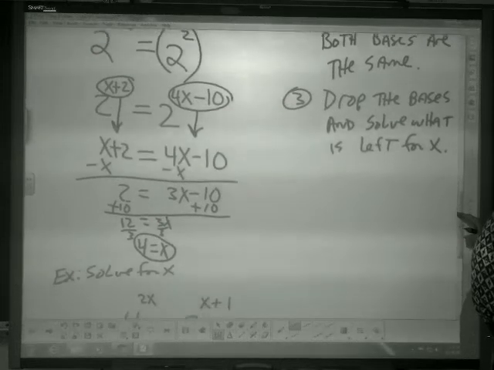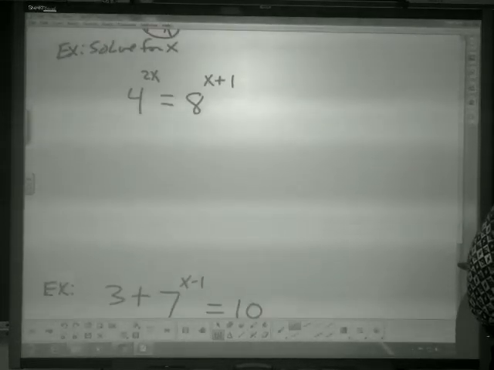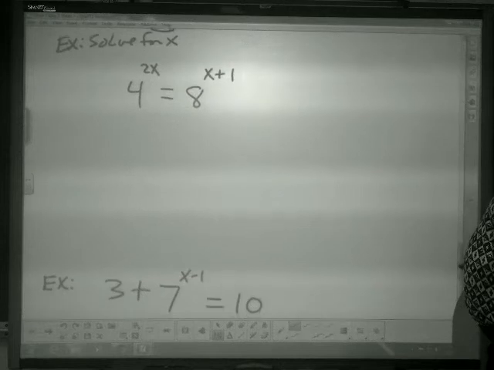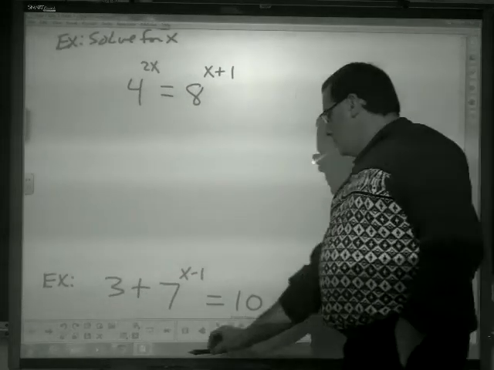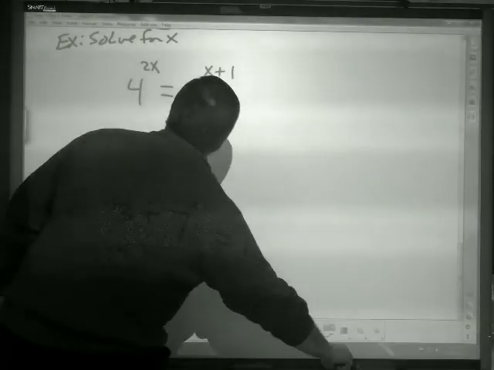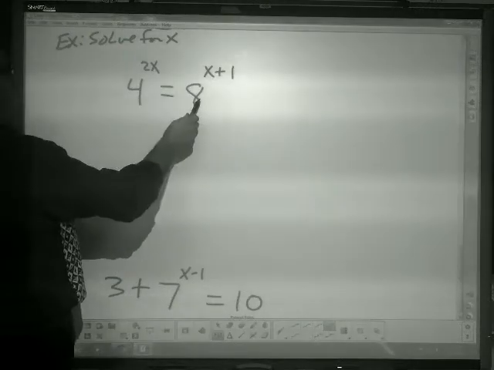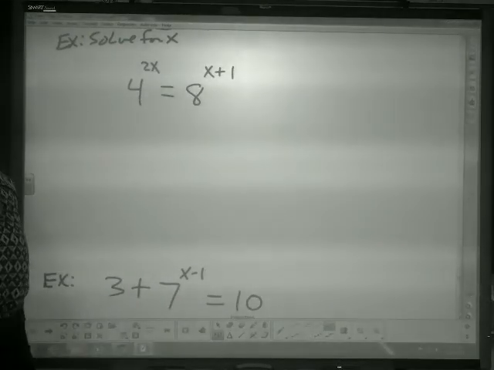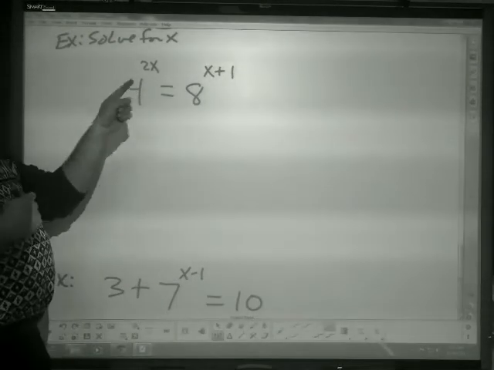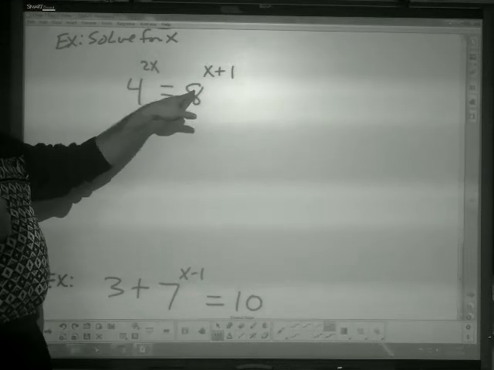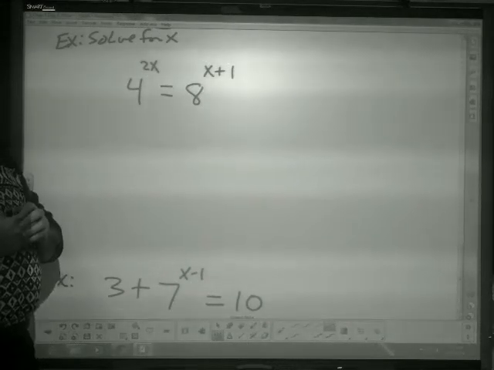All right. Let's take a look at another problem that we run into. Notice in this situation, I have a base of 4 and a base of 8. Again, I'm going to start with my low number. Can I write 8 as 4 to some power?